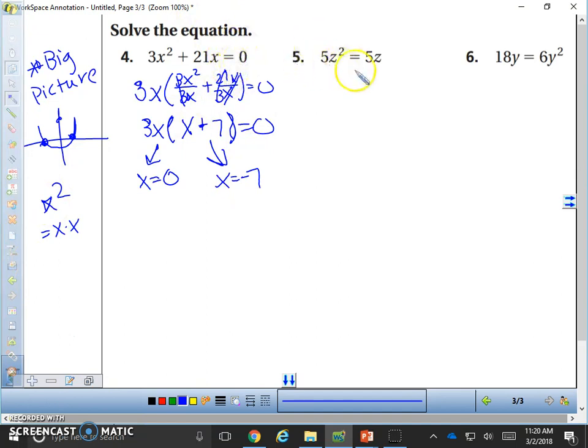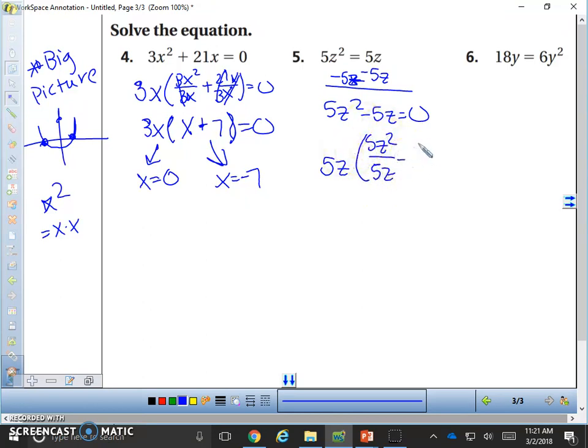All right, example 5. So we're going to set this equal to 0, so I'm going to take away 5z so I can use my zero product property. 5z squared minus 5z equals 0. Now, what do they have in common? The biggest thing they have in common, they both have a 5, but they also have a z, okay? Now I'm going to divide everything by 5z so that I can take out, undo, distributive property.